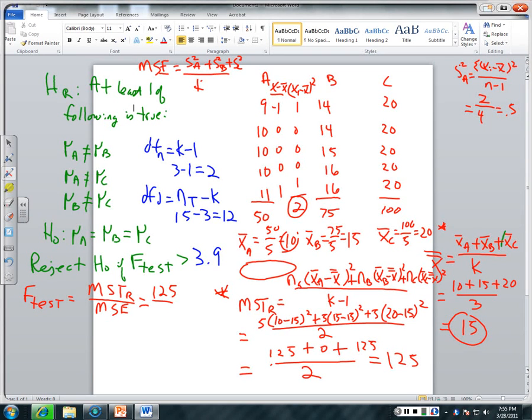So for B, I'm going to do the same thing. Subtracting 15 from each one, I got 4. So S squared B is going to equal 4 divided by 4, which is 1.